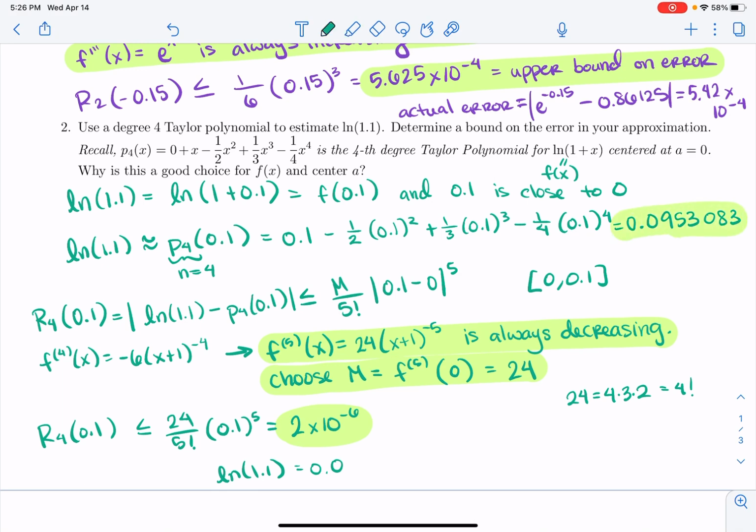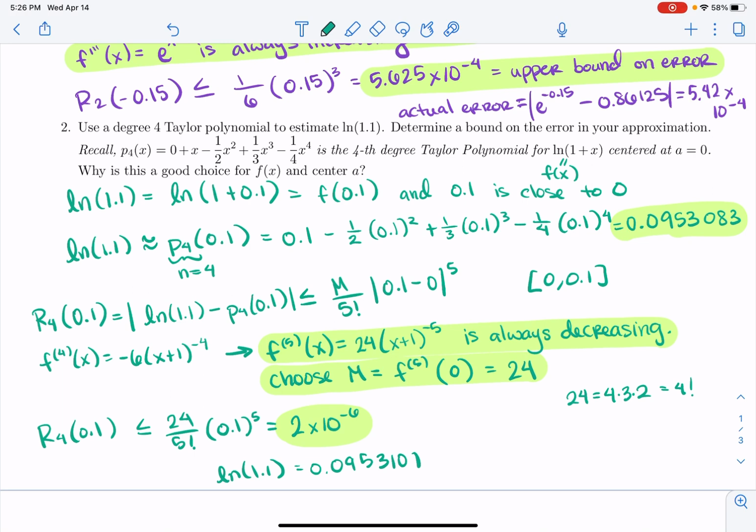Okay, so ln of 1.1 in my calculator is 0.0953101. So you can see it's actually very close. It's off by that later power. So let's see.